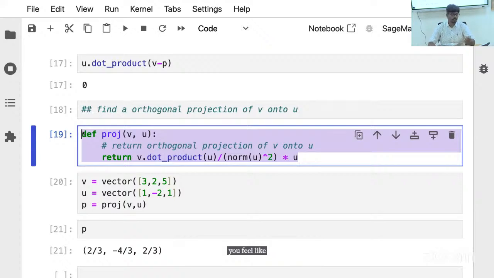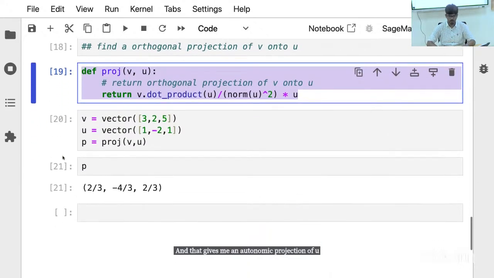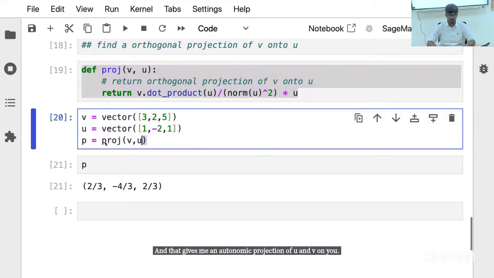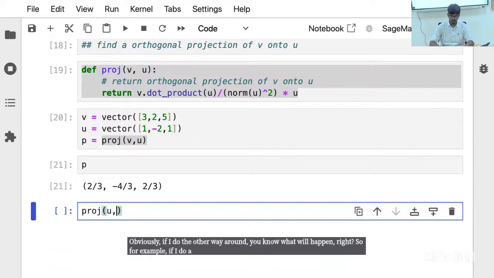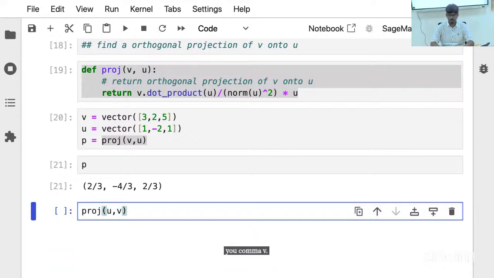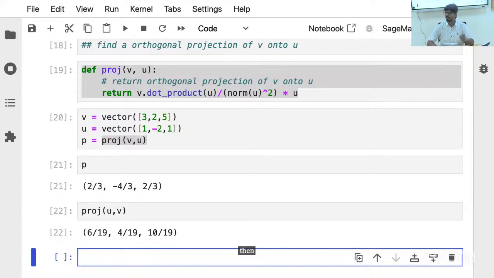Over here, what we have done is a dot product of U and V, and then multiply that with the U. So that gives me an orthogonal projection of V on U. Obviously, if I do the other way around, you know what will happen, right? For example, if I do U comma V, then that will be a projection of U onto V. So it's basically a projection of the first vector onto the second vector.